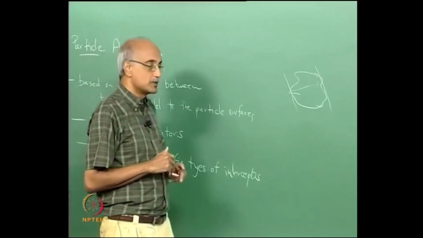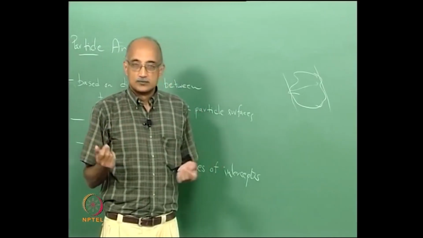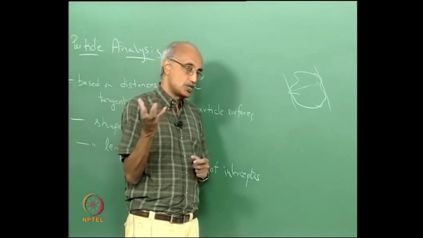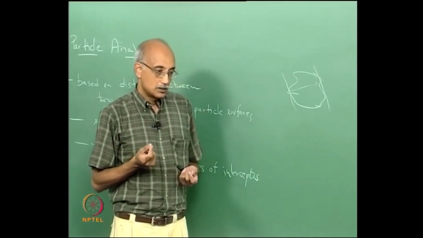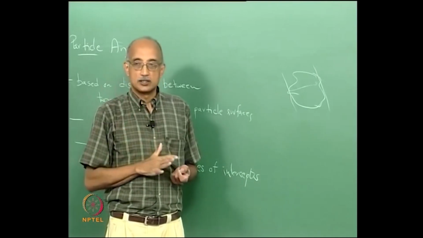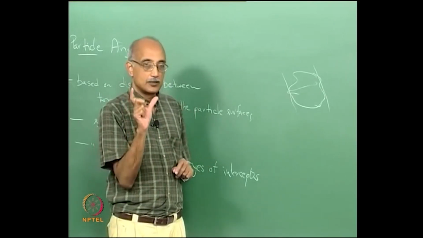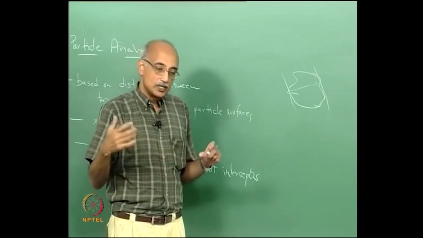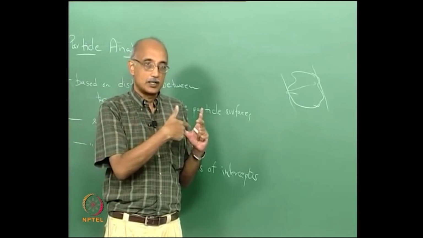What do we mean by types of intercepts? Well, here you have to visualize a 3-dimensional object. Let us say a balloon. Well, probably a balloon is not a good example, but let us say a ball, right? How do you assess its shape? One way to think about it is, supposing you take a very sharp needle, and throw it at the ball. How far will it penetrate before it stops? For a given length of needle, if you just keep throwing it at random from different angles, how many of the needles will become embedded within the ball and stop, and how many will actually penetrate on both sides?